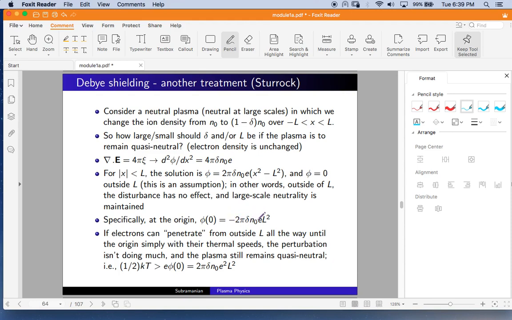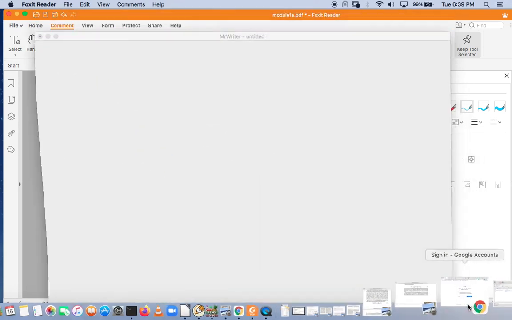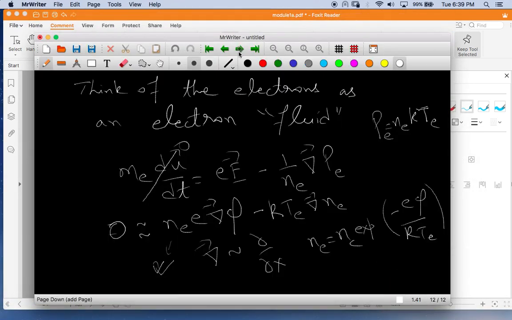So if an electron wants to penetrate inside L, let me drop the blackboard so it has to be a little clearer.